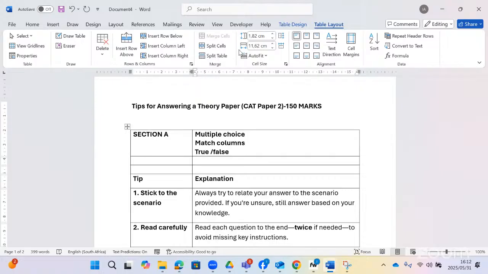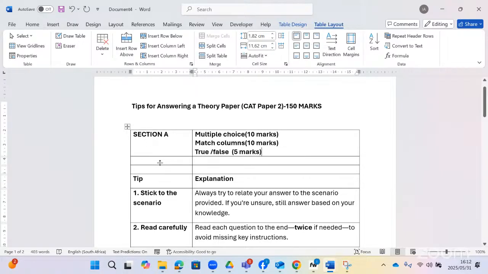So the multiple choice is always 10 marks, and then the matching column is also 10 marks. Then the true or false will be 5 marks. Now, with the true or false, if it's false, you need to change to the correct answer. So you have to take note of that.